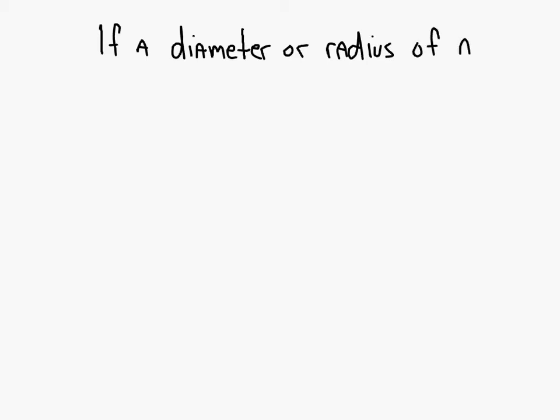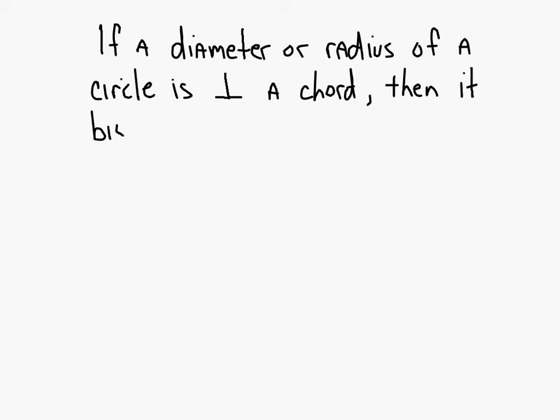All right, if a diameter or radius of a circle is perpendicular to a chord, then it bisects the chord and its arc.